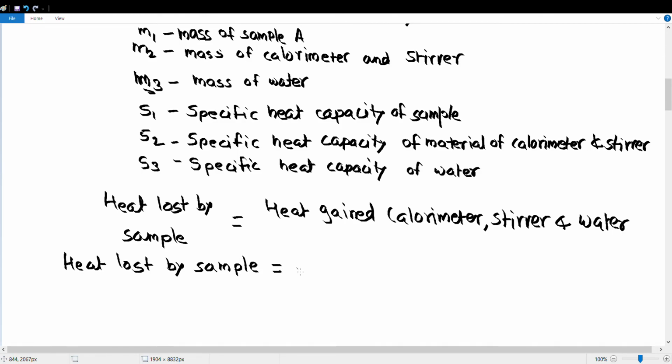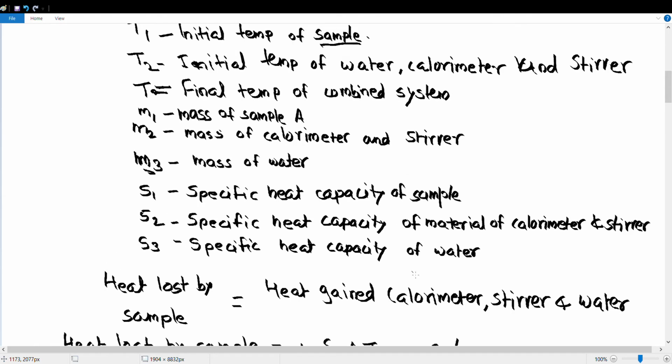Heat lost by sample is Q, and that Q is equal to mass into specific heat into change in temperature, and the mass of sample is M1. Its specific heat is denoted by S1, and del T is the change in temperature. This is M1 S1 into del T. Which temperature is greater?